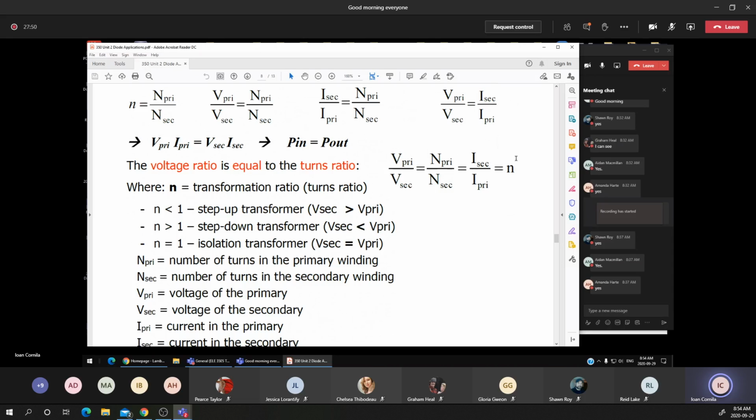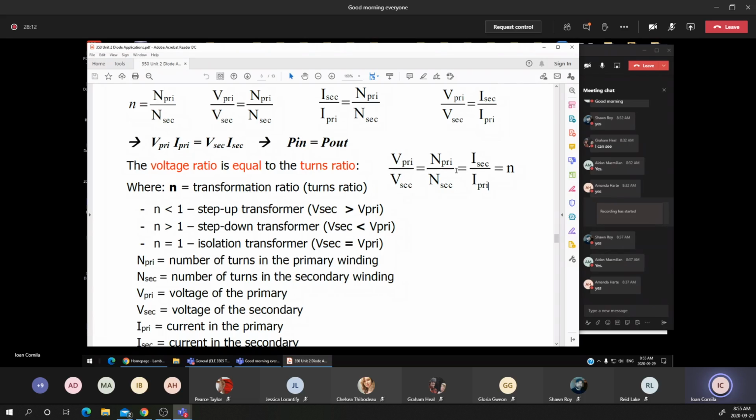N is equal to N. Based on this last equation, I mentioned that all the quantities for a transformer, in terms of the voltage, the number of turns, or the current, are related to the turn ratio. We may have three different possibilities.